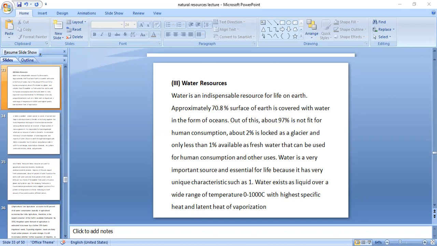So if we are constructing dams, if continuously we are focusing on dams, the main motive behind dam construction is to save water. Whatever the flood, whatever the water which is available, rather than going to waste with the floods, we can save the water in the form of dams. So it is beneficial for us.